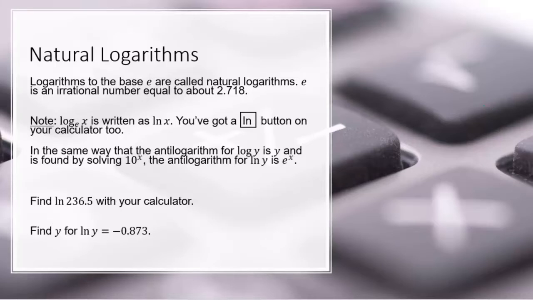You have one more logarithm button on your calculator. It's written as ln and pronounced lon. It looks like an in. This is the logarithm to a different base, the logarithm to the base e. What's e? Briefly, e is an irrational number and it approximates 2.718.